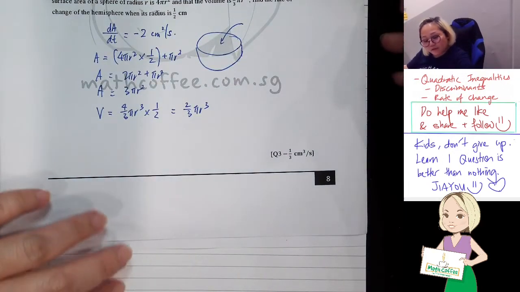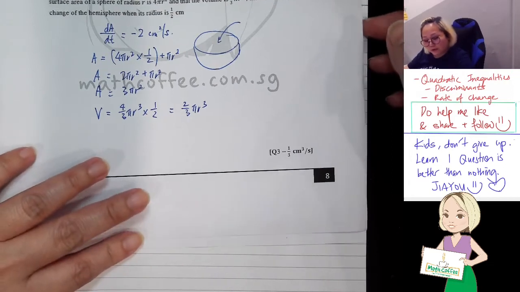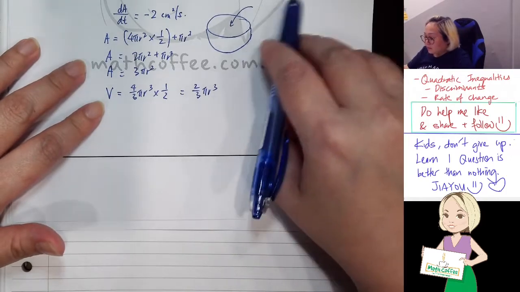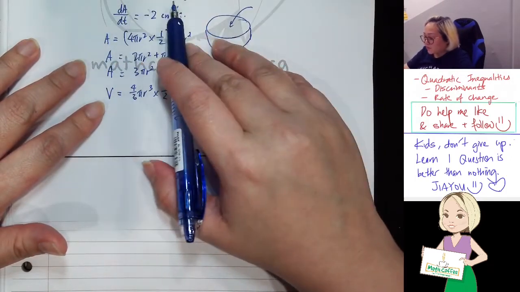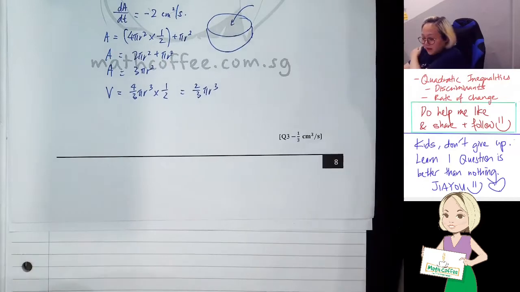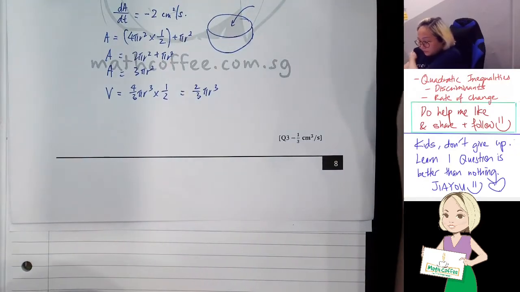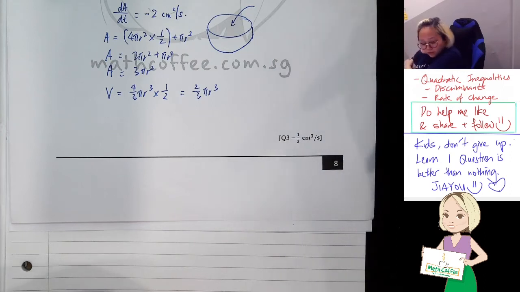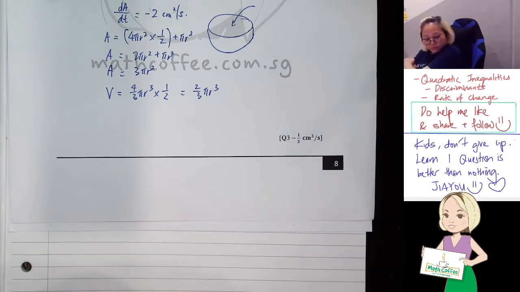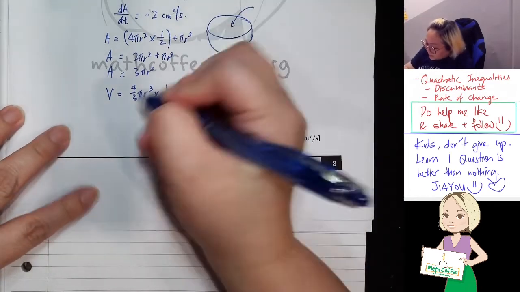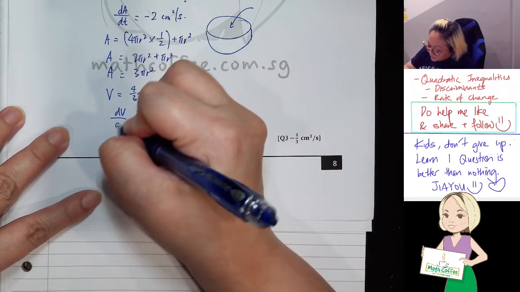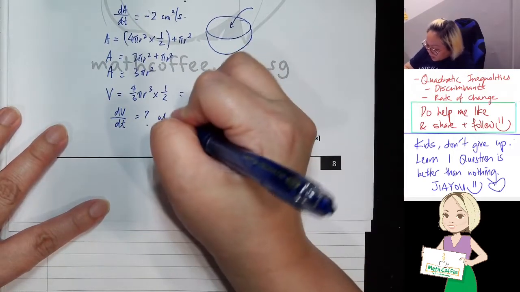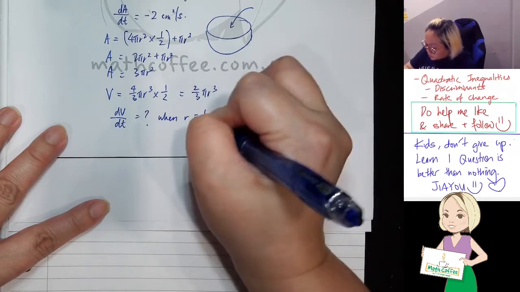So now I have a very big question to ask you. So they say find the rate of change of the hemisphere when its radius is half cm. So what are they trying to find? So they want to find the dV/dt. They want to find dV/dt equals to question mark when radius equals to half.